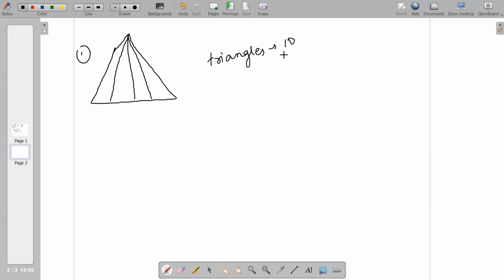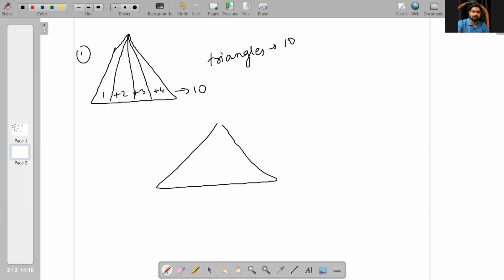Anyone else? All right. What is the process? Who said 10? 1 plus 2 plus 3 plus 4. That's very good. 1 plus 2 plus 3 plus 4 will give us 10 triangles. जिन लोगों को समझ में नहीं आया ध्यान दीजिएगा. जैसे एक ट्रायंगल बना हुआ है.